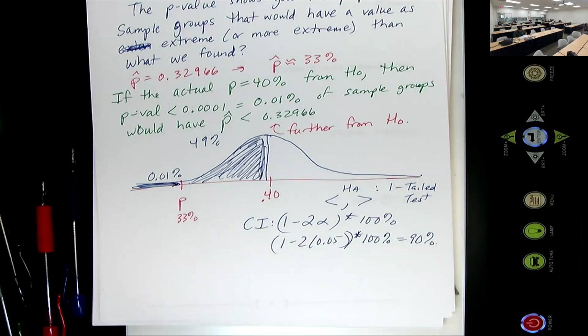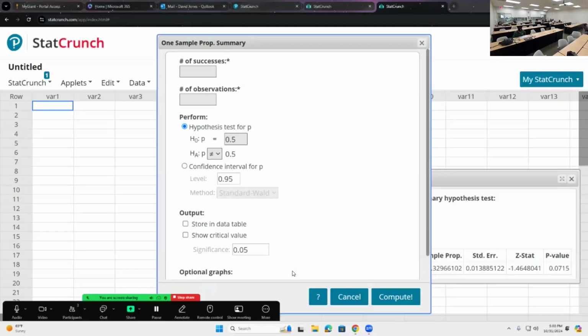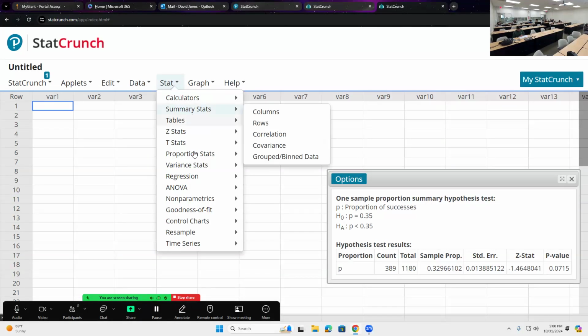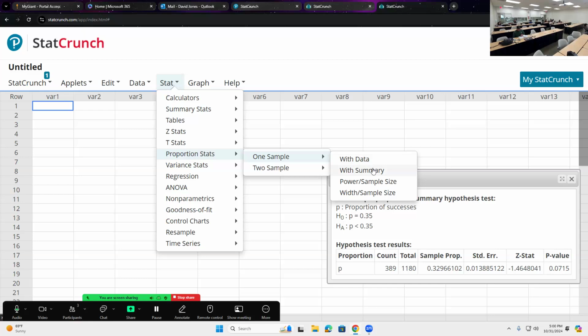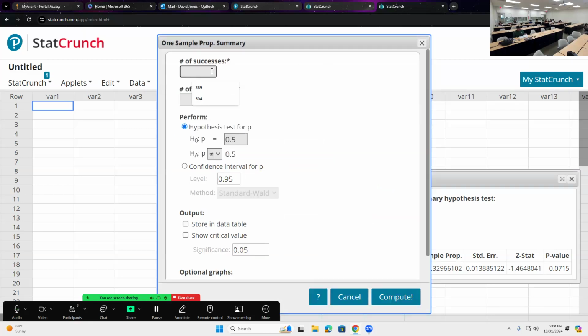Everyone ready? Okay. Doing proportion stats, one sample with summary. We had 389 and 1180, and we're gonna do a confidence interval of 90%.